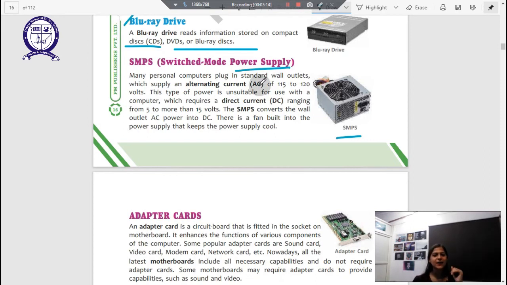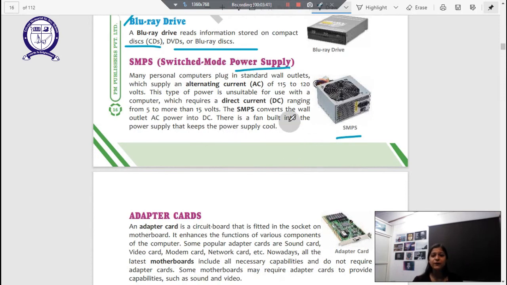So what happens is, current in our electricity housing system is generally AC, alternating current, which is of 115 to 120 volts. But this type of power is unsuitable for our computers because it requires direct current. So we convert that alternating current into direct current by using SMPS, which is switched mode power supply.